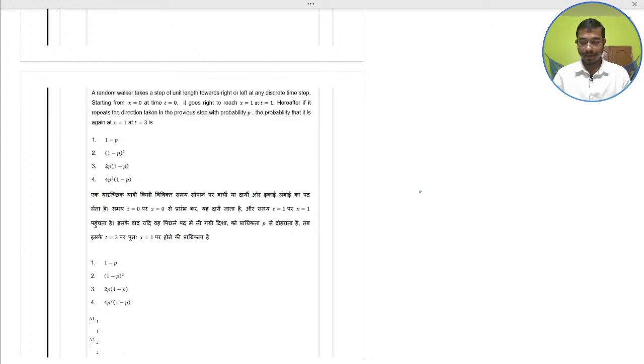This is coming from the random walk problem, from thermodynamics and statistical physics. This is the diagram of the random walk problem.